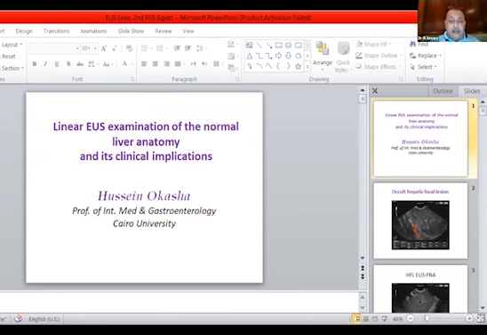Thank you, Professor. Regarding the first question, there are no articles whatsoever talking about seeding during EUS-FNA. I think during EUS-FNA, the seeding is much lower than percutaneous, because during EUS examination, you pass just from the wall of the stomach to the liver, and you pass through the visceral and parietal peritoneum.